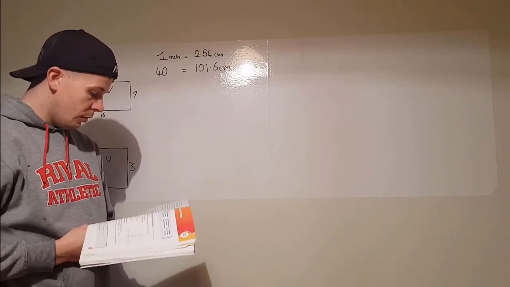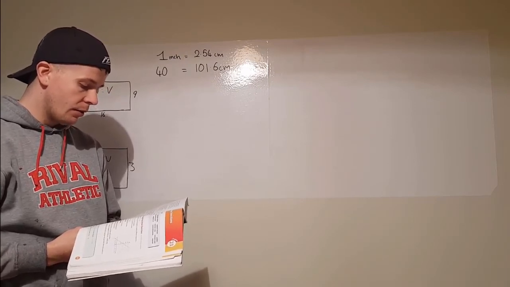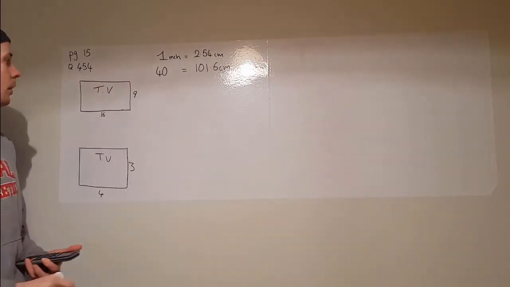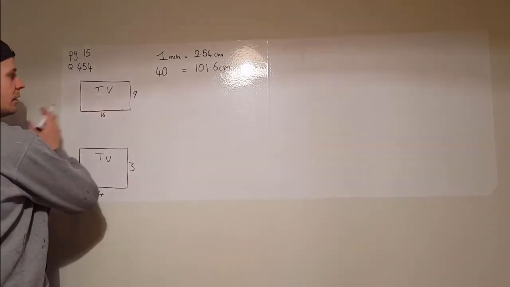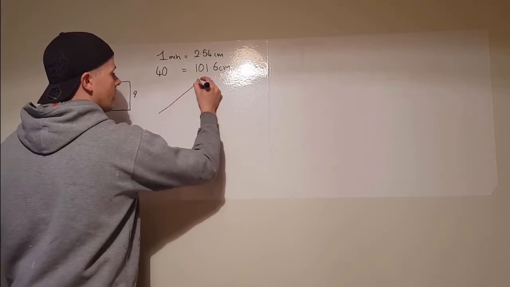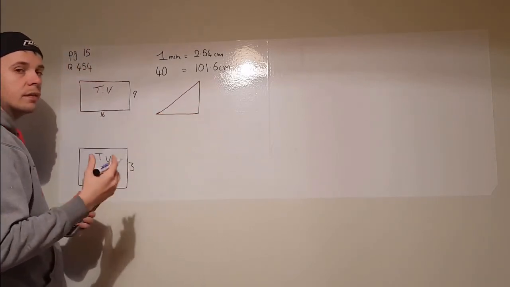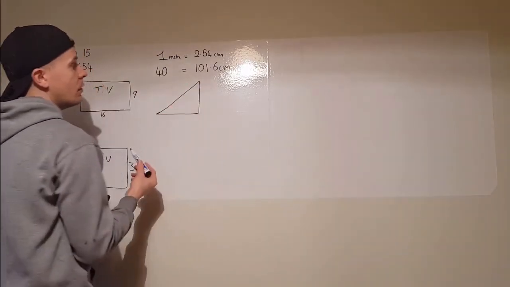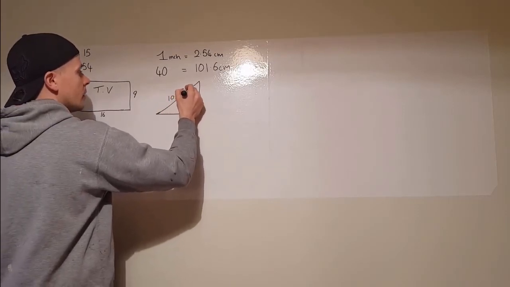Part 2: find the width and height of the screen in centimetres and give your answer correct to the nearest centimetre. Forgetting about a TV, we'll just take half of the TV, cut it down the diagonal, and we're going to end up with a right angled triangle. So here now is a right angled triangle. This lady wants a 40-inch TV, so this here is 40 inches, or we've now found to be 101.6 centimetres.